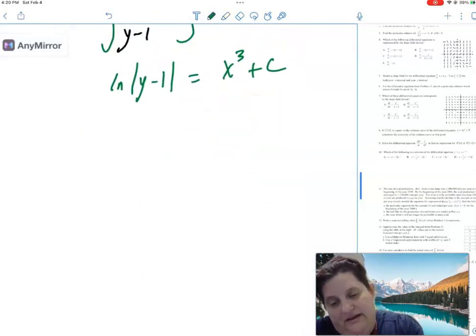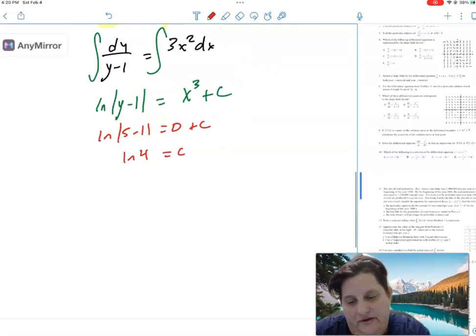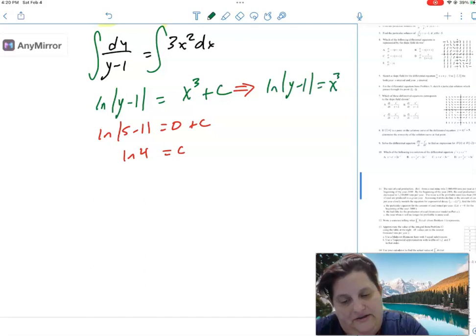So what it's saying is that if x is 0, c is going to be the ln of 4. I could drop the absolute value because 4 is positive. So c is the ln of 4. So I'll come back up here. I get the ln of y minus 1 is x to the third plus ln 4.